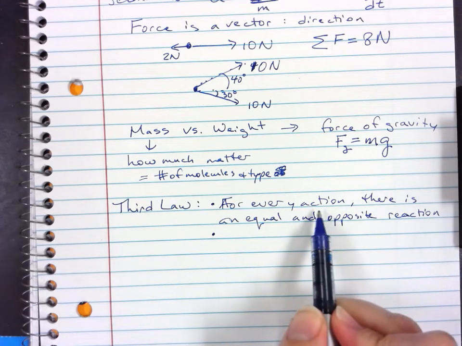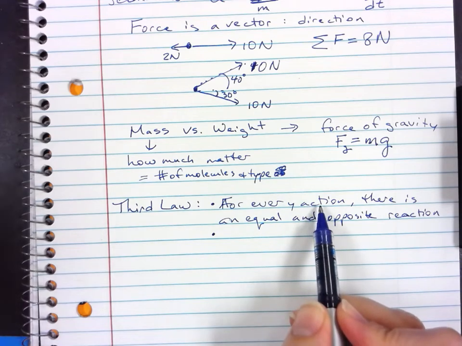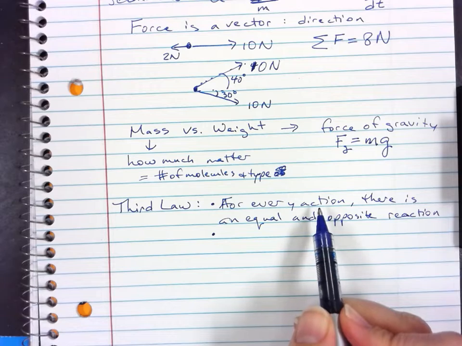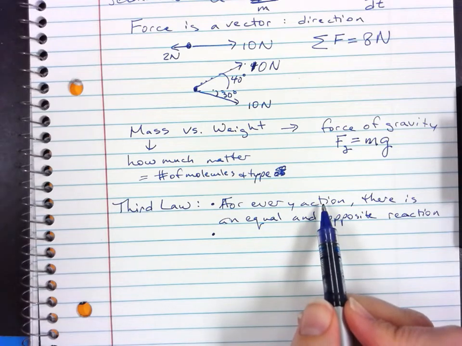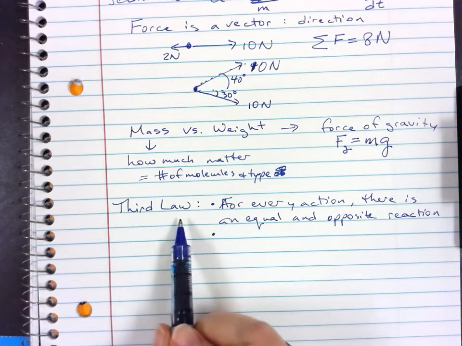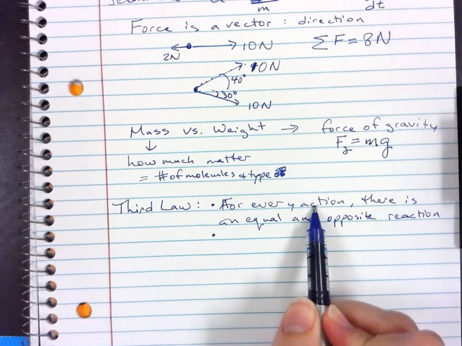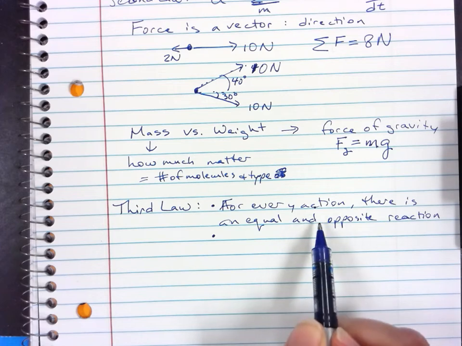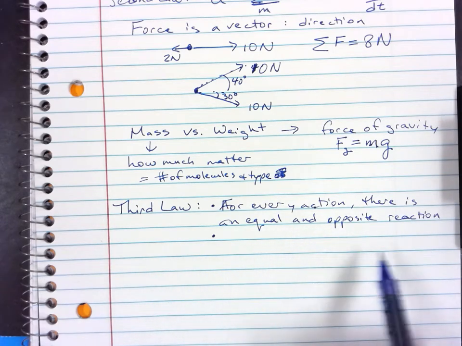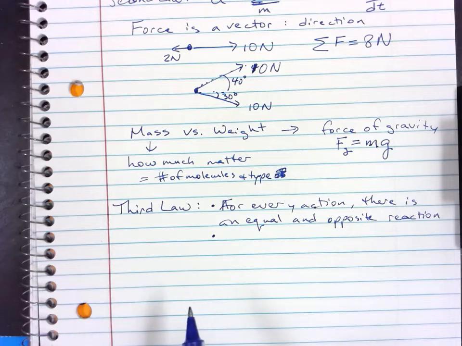So if you cheat on a test, I call your parents. If you break something at home, your parent gets mad at you. But the third law of physics means for every push, at the exact same time, the thing that's being pushed pushes back with the same amount of force and pushes back just opposite in direction.